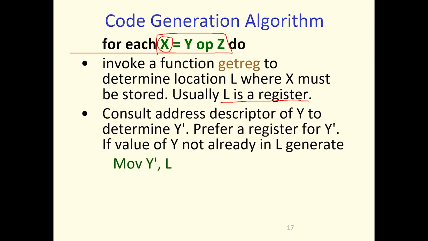We will assume a machine model, like we saw earlier, some kind of Intel-like machine model where one of the operands also holds the result. So when I say ADD R1, R2, it actually means R2 = R2 + R1.